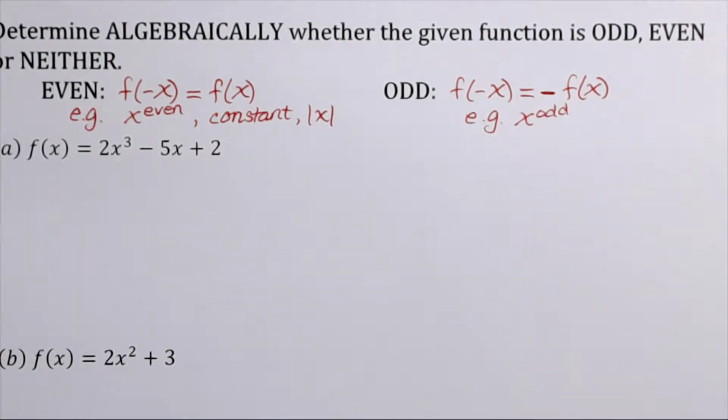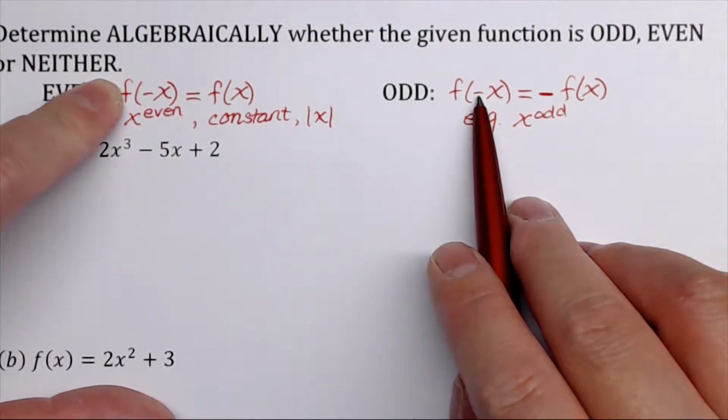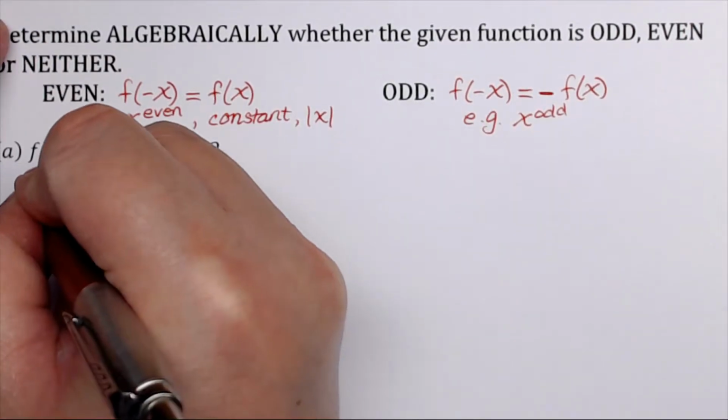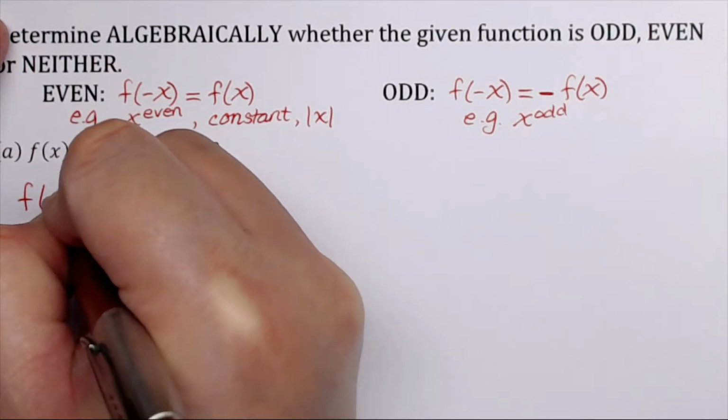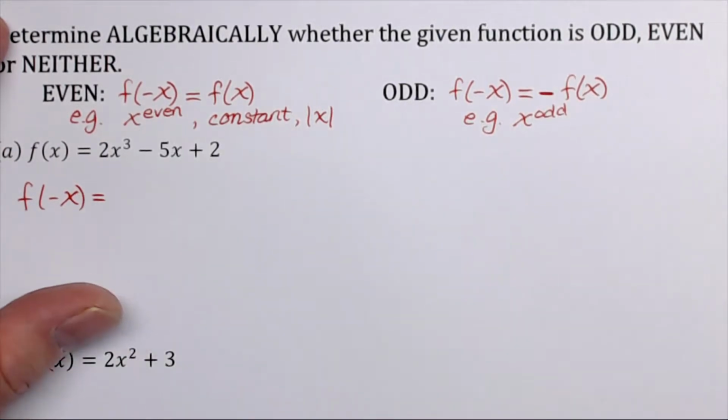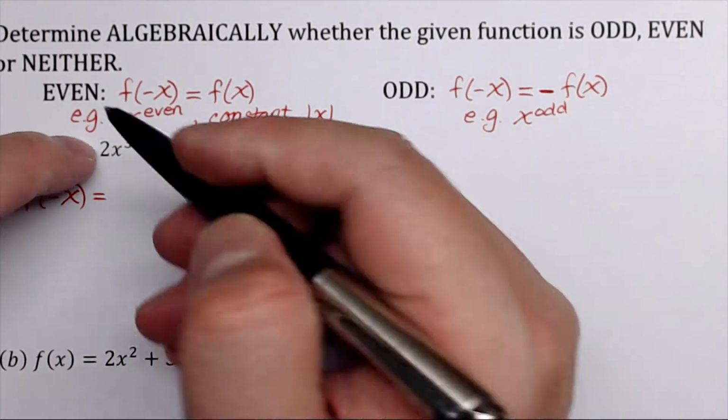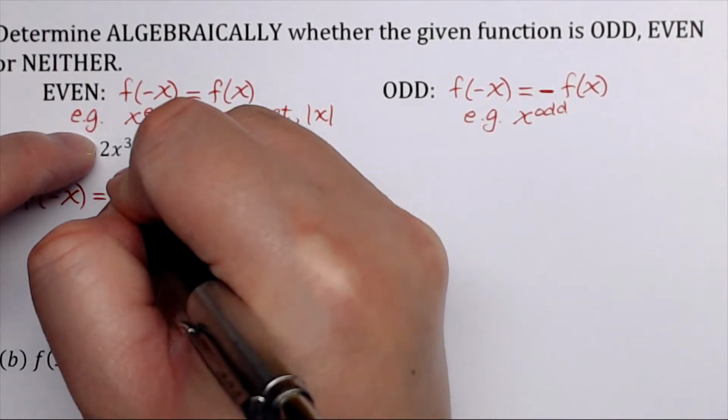Right, now we use the definition to do this. The definition always starts with f of negative x, and that's where we start, f of negative x. So first, I will put negative x into x.